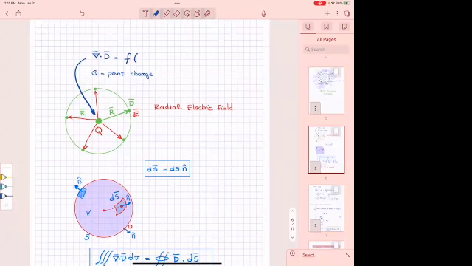If this is X, Y, and Z space, it's going to be X, Y, and Z. If it's a spherical space, it's going to be R, theta, and phi. What Gauss has told us is that this function is nothing else but the charge that is distributed in that space.